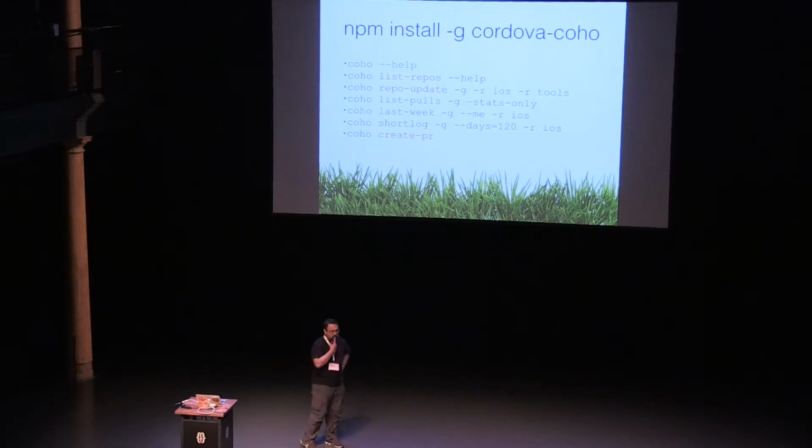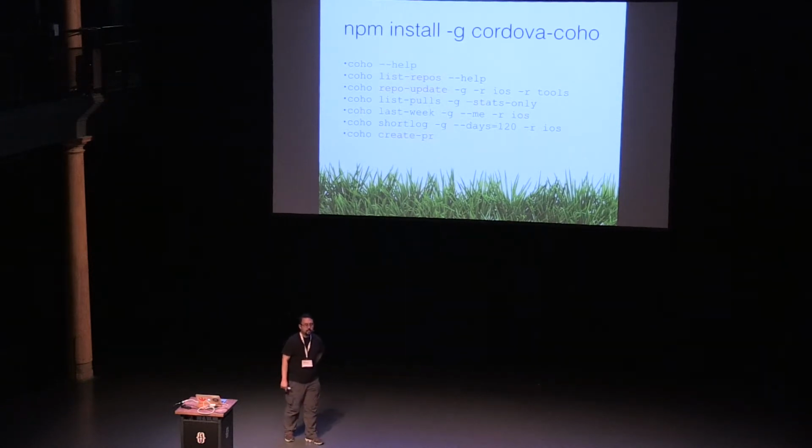The first thing you should do is run --help, and there's a ton of commands in there, but the ones listed in red are the ones that you really should know as a start. List repos.